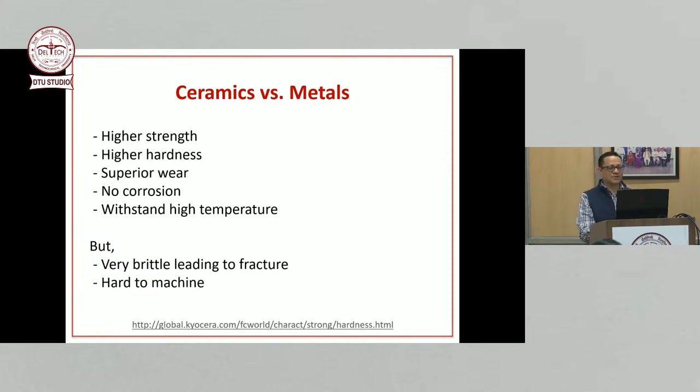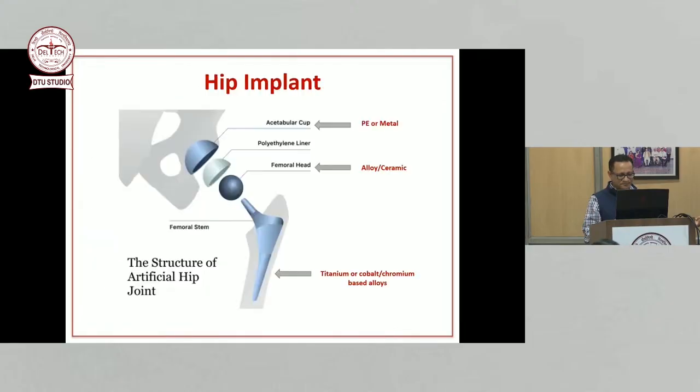So ceramic versus metals: high strength, higher hardness, superior wear, no corrosion, but very brittle, leading to fracture and hard to machine. Hip implant. So if you see here, there is this cup, there is this ball, and there is the stem.